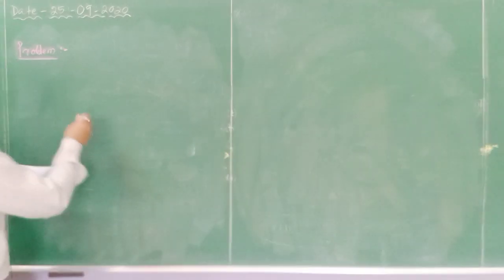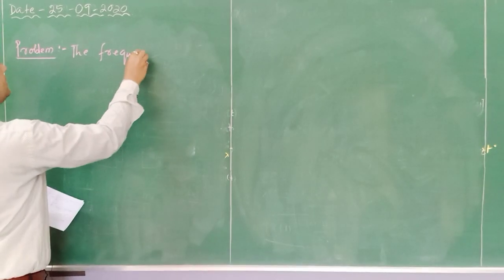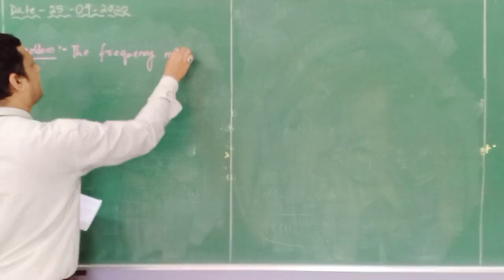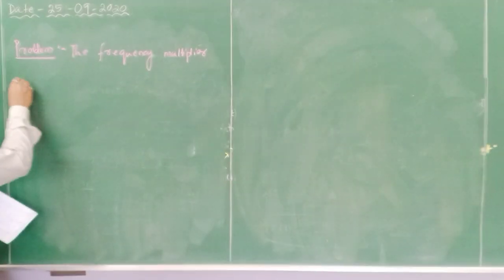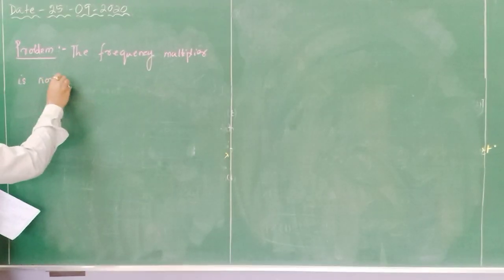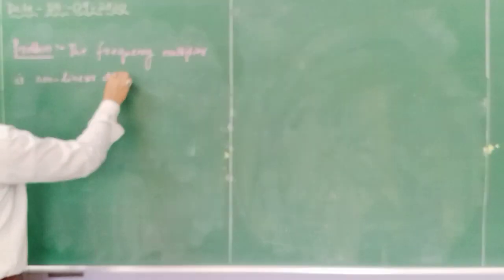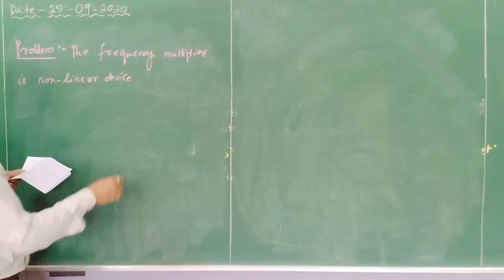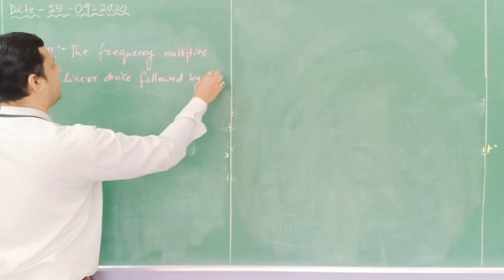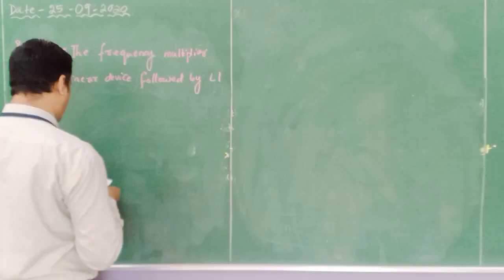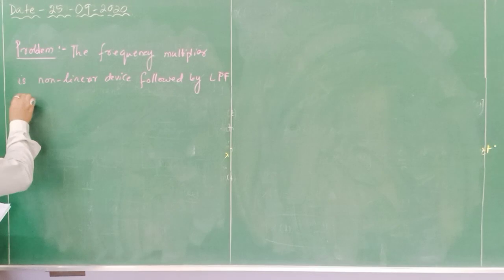The frequency multiplier is a nonlinear device followed by an LPF, as shown in the figure.